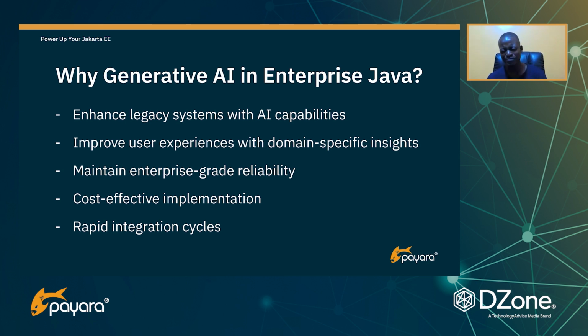Your customers would not be happy, your shareholders would not be happy. So definitely you would want to look at AI from the perspective of your enterprise Java application. Also, rapid integration cycles. It's very easy, as will be seen, to integrate AI into your enterprise Java application, whether it's a Spring application or a Jakarta EE application. So why not?